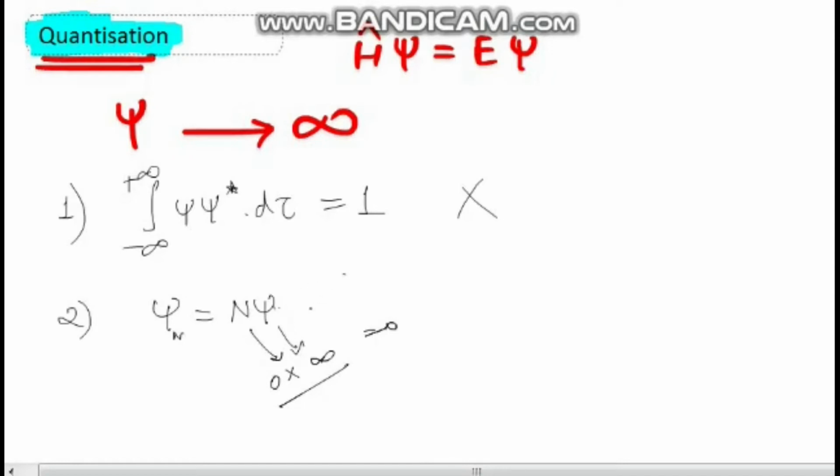Well, not quite, because if N is 0 at any place, then it has to be 0 at every place, and the whole function will just become 0, so we cannot count it. This reasoning is given in Atkins Physical Chemistry. You can check that out.